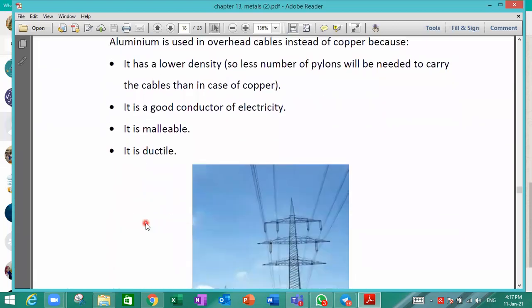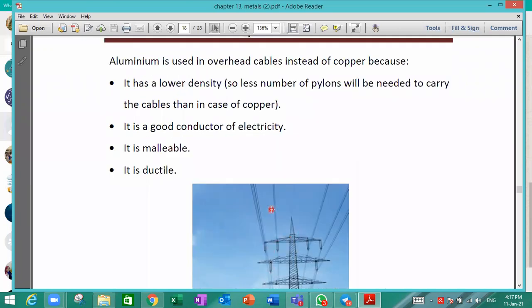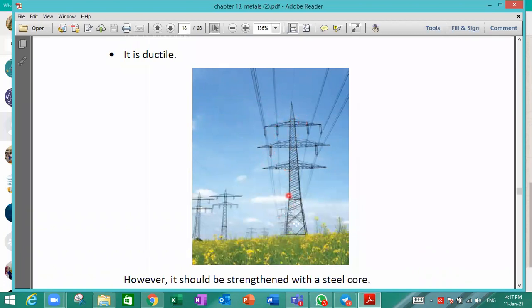As you see here, aluminium is very important. It has a very important use. It is used in making overhead cables. These are overhead cables that you see whenever you are traveling from one place to another. We see these pylons, and these wires that are connecting one pylon to the other, from one city to another.